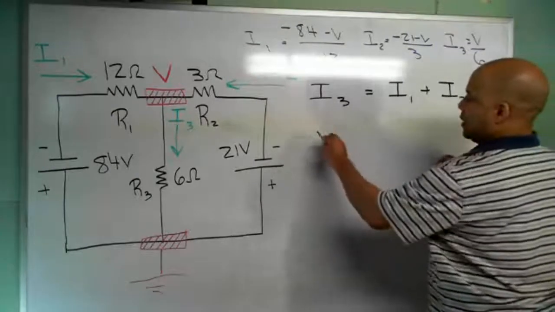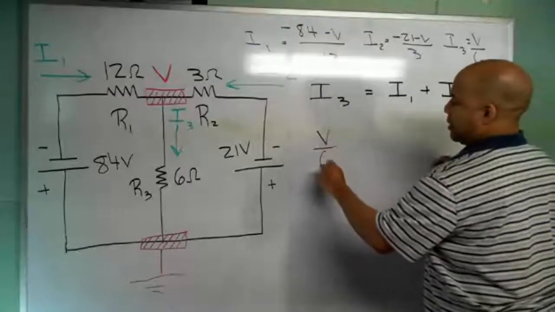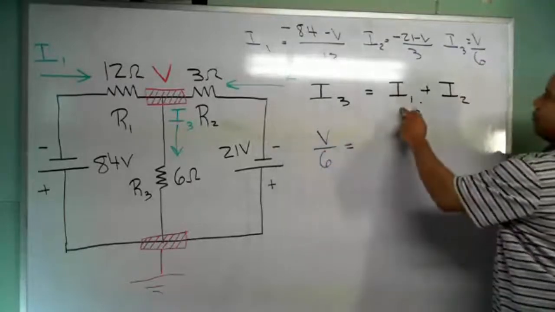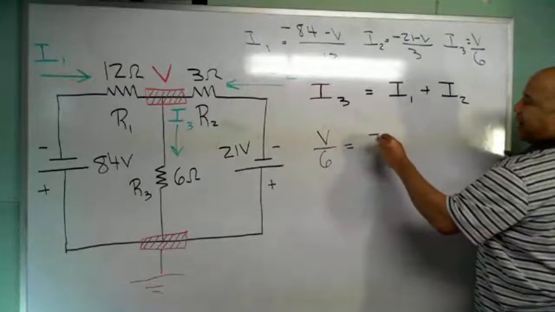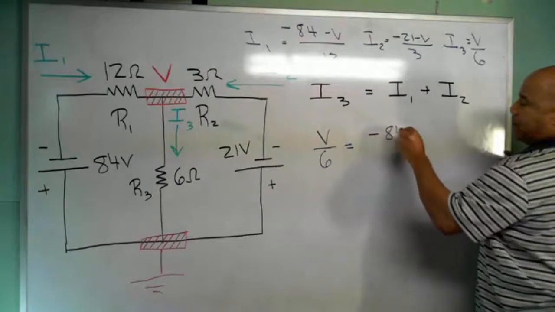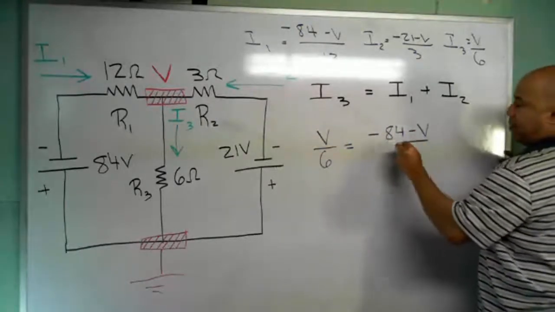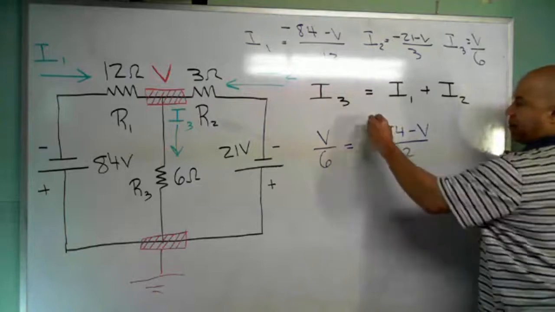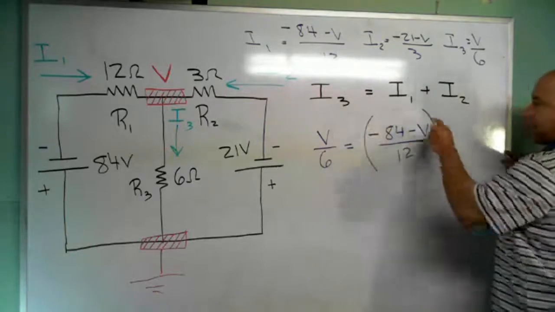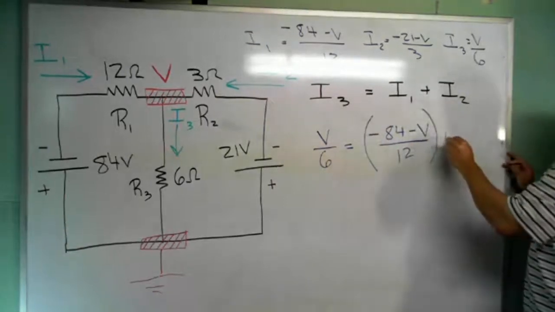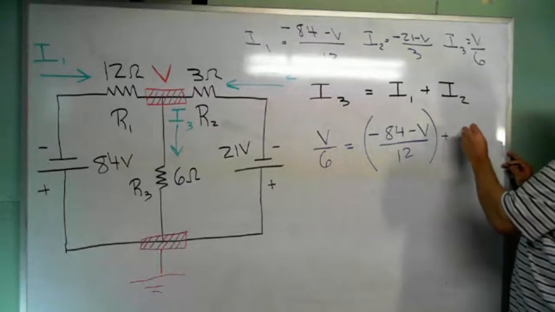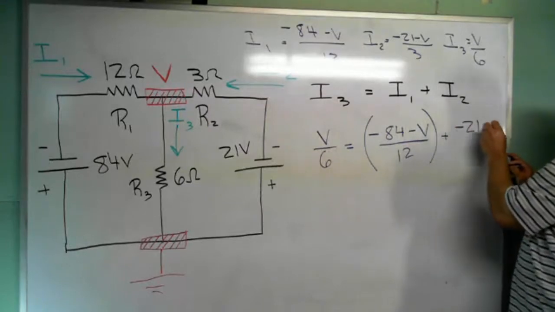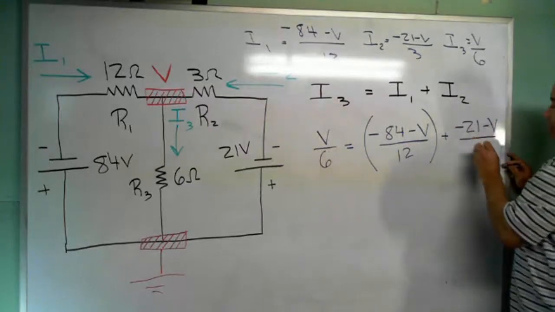So this is V over 6 equals I1. We said that was minus 84 minus V on 12, plus I2. And I2 is minus 21 minus V on 3.